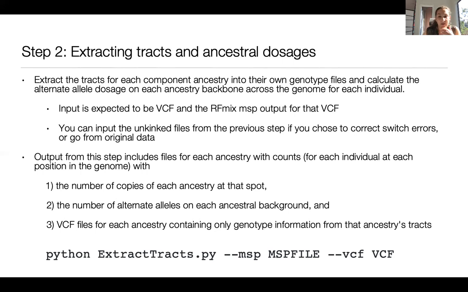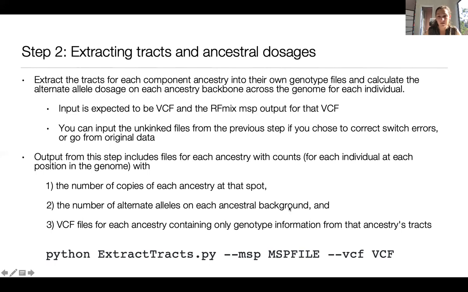So there are multiple files output from this step, including the counts for each individual at each position for these 3 different pieces of information I'm listing here. Firstly, you'll get the number of copies of each ancestry at that spot. So if you have 0, 1, or 2 copies of ancestry A, B, C, however many ancestries are in your data.